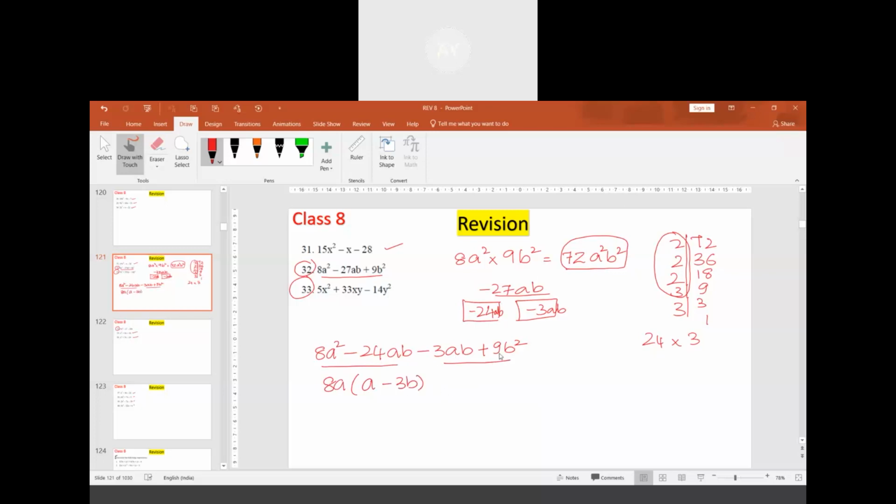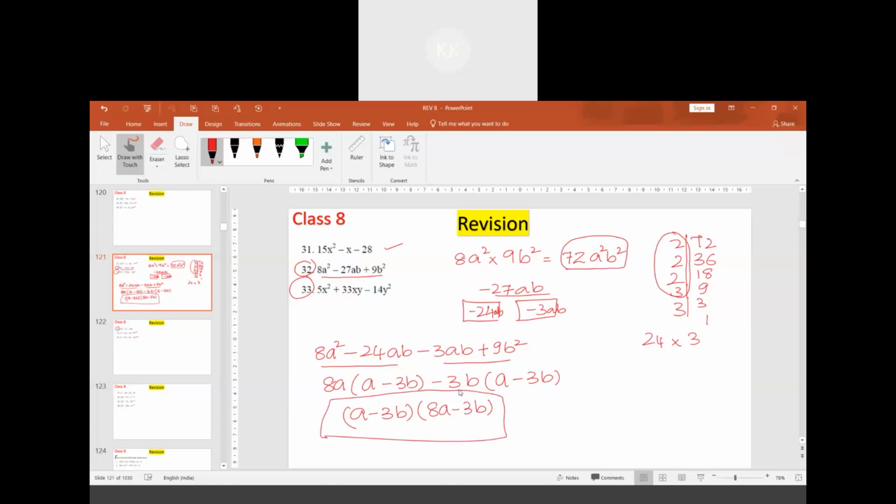In the other two terms, 3b is common, taken out as minus 3b, and a minus 3b remains. The result will be a minus 3b multiplied by 8a minus 3b. Isn't it easy?